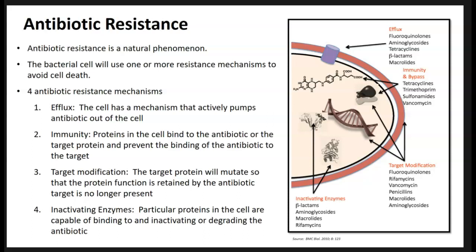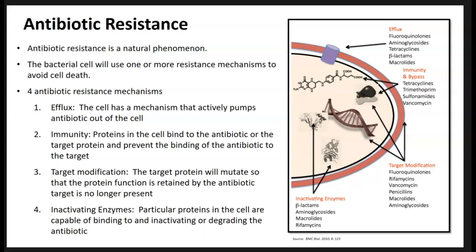Bacteria resist antibiotics or avoid the effects of the antibiotic drugs through a number of different mechanisms. One of the most common ways is by efflux pumps, which are transmembrane bacterial proteins that pump antibiotics outside the cell. If they're not in the cell anymore, they can't harm the bacteria. Bacteria also avoid the effects of antibiotics by developing immunity, where the specific protein or enzyme that's targeted by the antibiotics is either changed or no longer used in the bacteria's physiology.